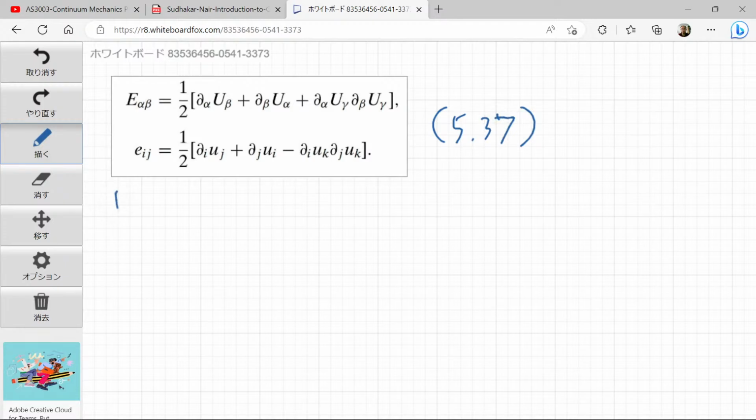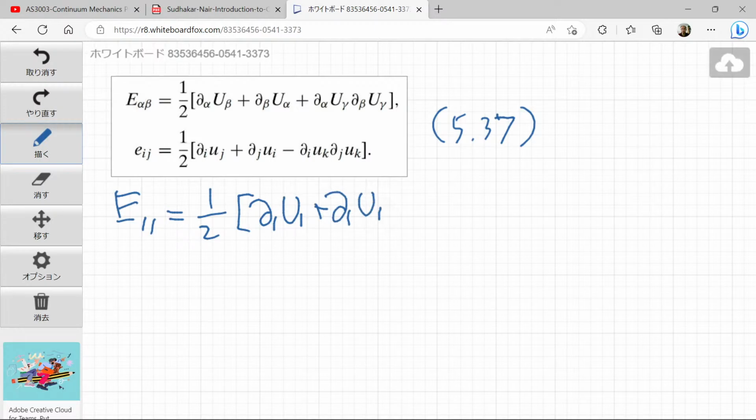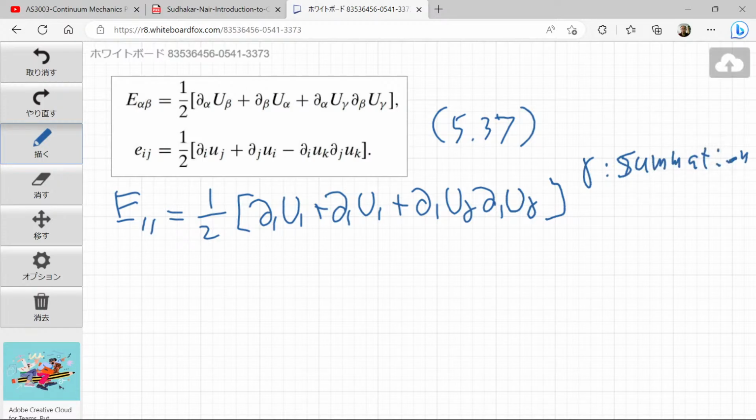So then E11, we can see E11 is 1/2 partial 1 U1 plus partial 1 U1 plus partial 1 U gamma partial 1 U gamma, and this gamma is a summation. Gamma is summation, right?